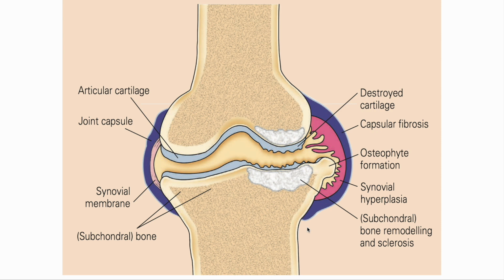So if we think about the joint, at a younger age, if we have injury to the cartilage, there is an intrinsic mechanism to repair itself, and once the repair happens, further damage does not happen. So we lose that ability to repair when we are 30, 35 or 40 years old.